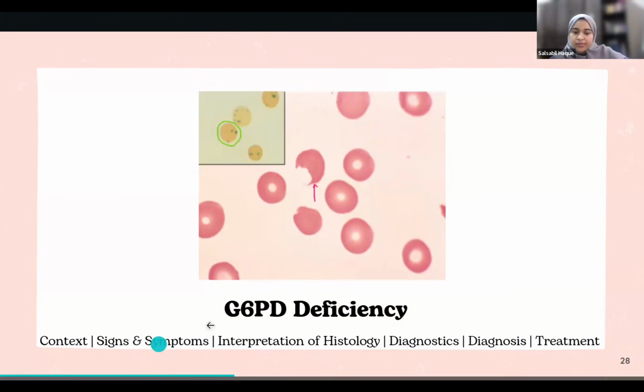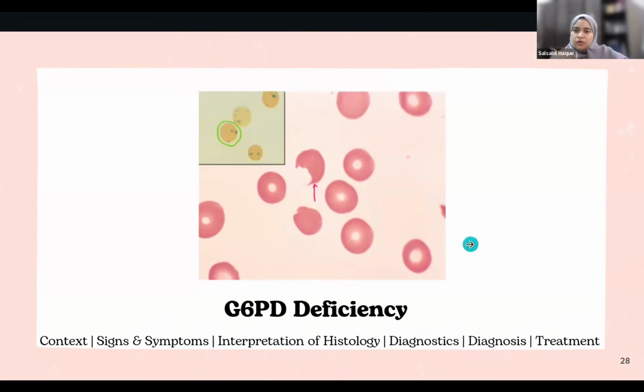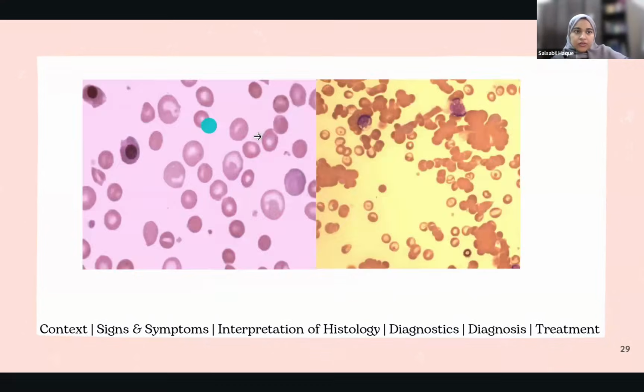So signs and symptoms, as I mentioned, interpretation of histology, we mentioned diagnostics, we can measure G6PD levels. So G6PD is glucose 6-phosphate dehydrogenase levels, okay? Treatment is going to be avoiding triggers. So avoiding fava beans or medications that might precipitate this. Otherwise, it's a fairly benign condition.